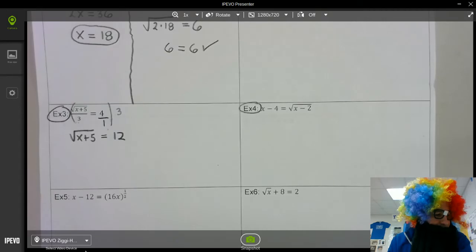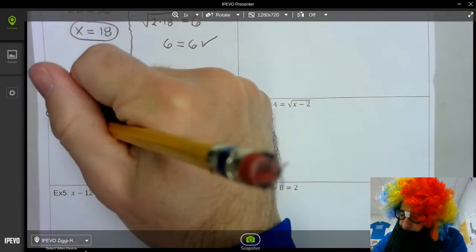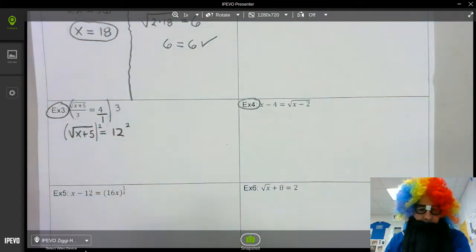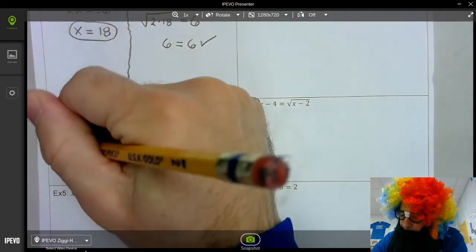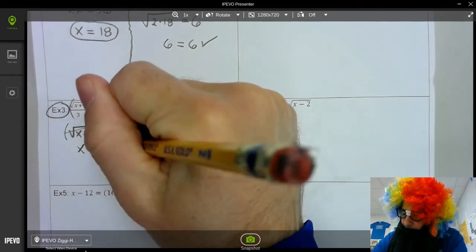Now the square root is isolated, so we raise both sides to the power of 2. This becomes to the power of 1, so you get x plus 5 equals 144.